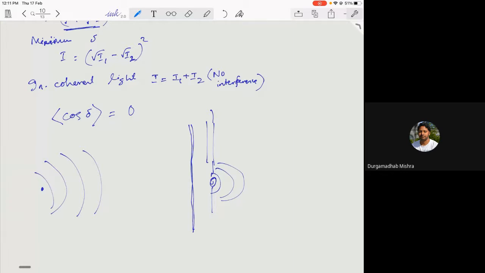I don't have any practical example where this is actually used, but just to show that this interference can happen due to different wave fronts as well. I don't have a practical example where it is actually happening in optics. I can have a look, and if I find one, I will let you know.